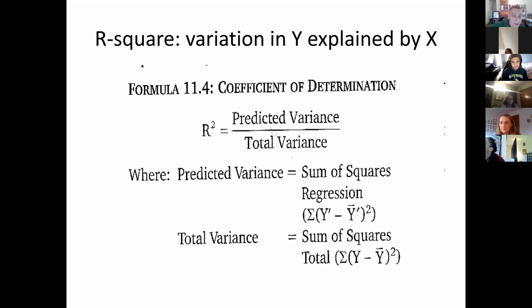So the R square, or how much of the variation is being explained by the regression, is what R square is referring to. Theoretically, it's just the predicted variance over the total variance in the regression. And so to find it, this is what it would be equal to mathematically.